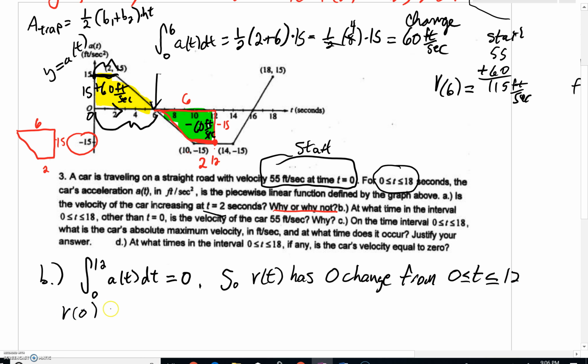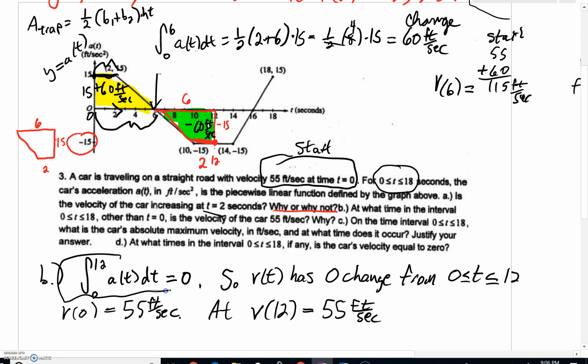V of 0 is equal to 55 feet per second. So in other words, at v of 12, we're back at 55 feet per second. We increased, we decreased the same amount. This integral equaling 0 is telling us that our change is in fact 0.